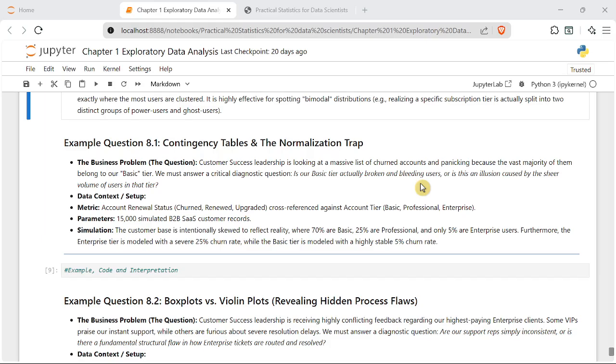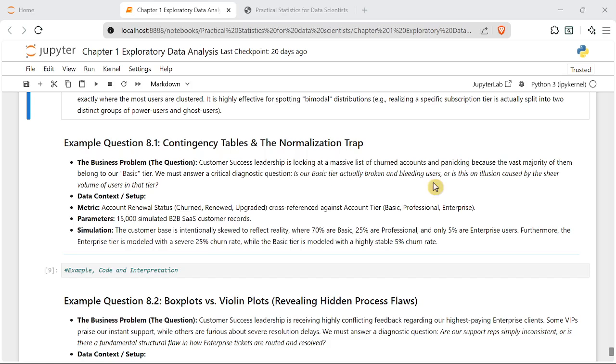To make this exactly like a real world scenario, we are intentionally skewing the customer base. 70% of the simulated users are basic, while only 5% are enterprise. Behind the scenes, we have actually modeled the basic tier to be incredibly healthy, with only a 5% churn rate, while the enterprise tier is secretly in crisis, with a severe 25% churn rate.